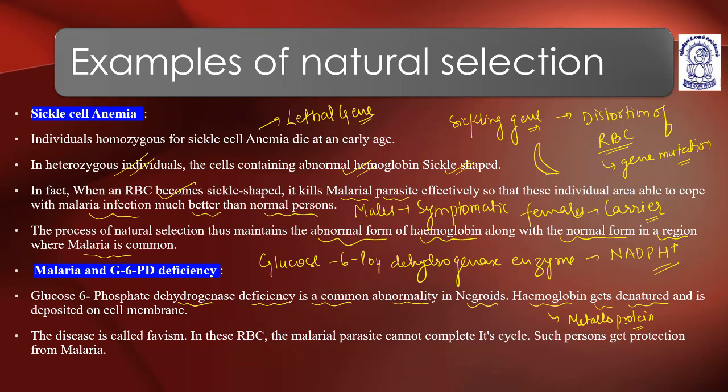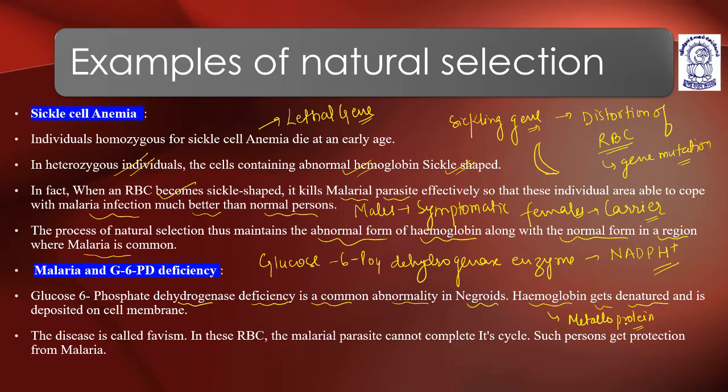And why? The fact is, RBCs don't have mitochondria, they only have cytoplasmic content, and that is why the only source for them for the production of ATP is glycolysis. And if the glucose 6-phosphate dehydrogenase enzyme is decreased or not secreted at the required level, then the glucose will not be converted into other forms. So this deficiency basically stops the metabolism of glucose into pyruvic acid.